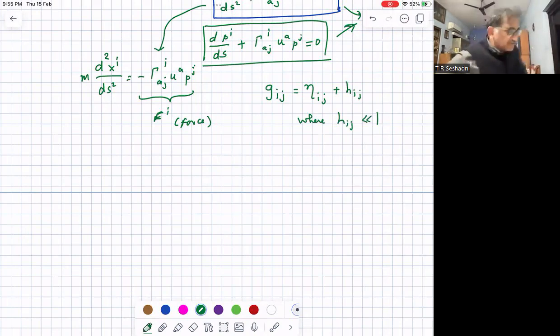That is, I want to get the Newtonian limit. And this is weak gravity.